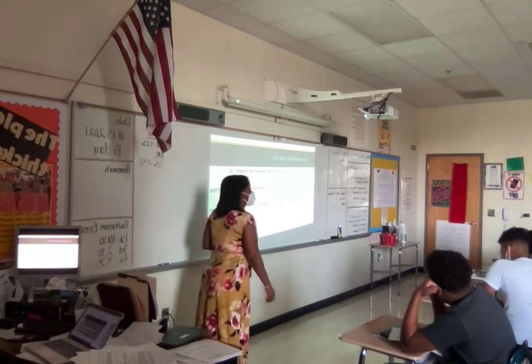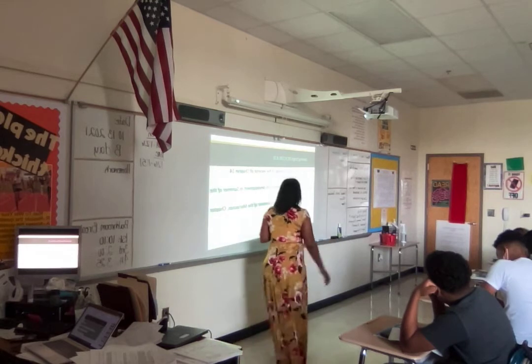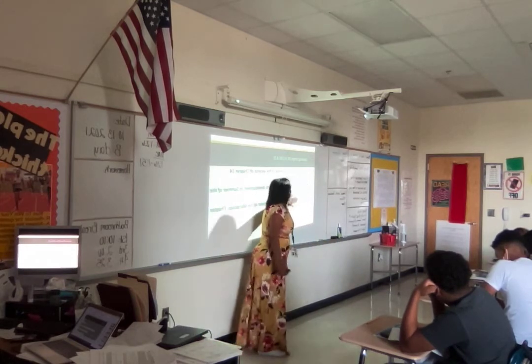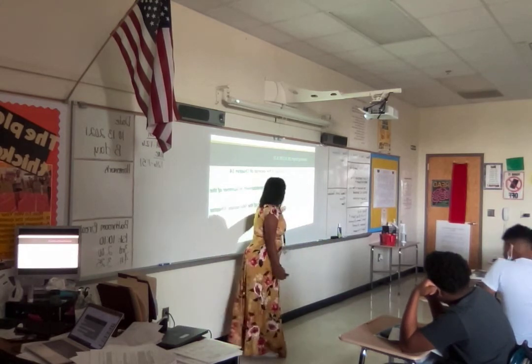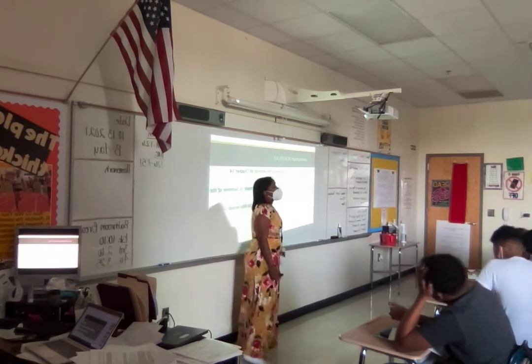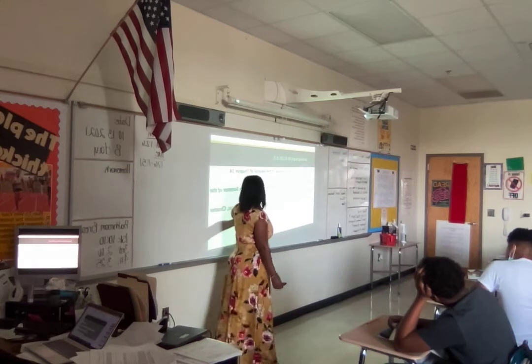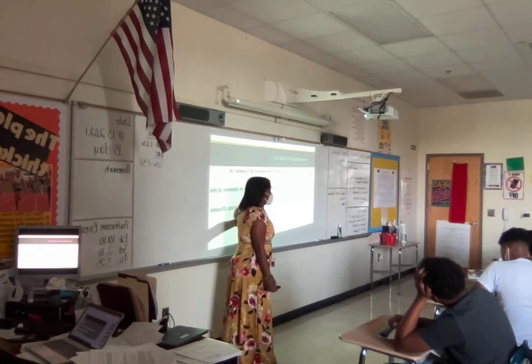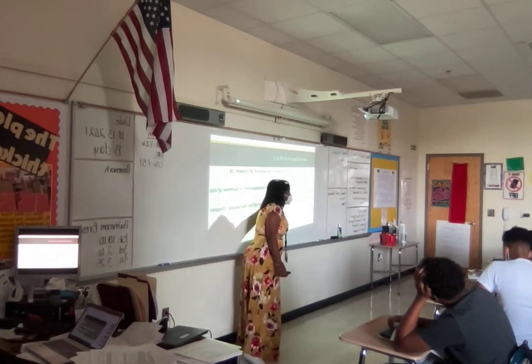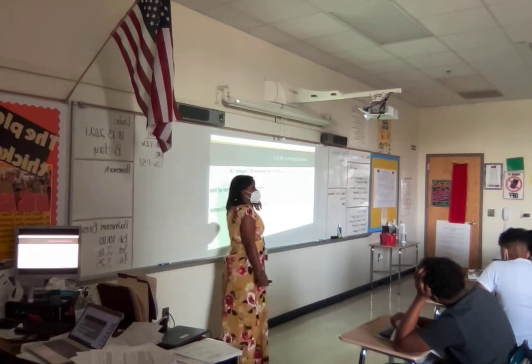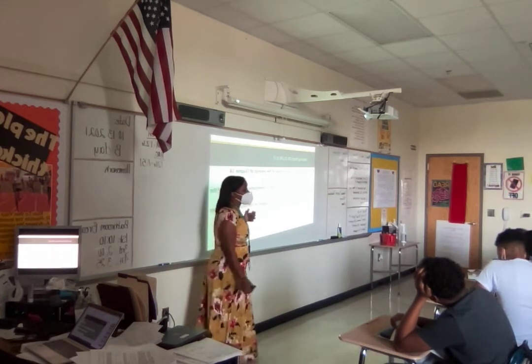You guys are going to need to understand how to do a theme and how to do an objective summary. The goal is to write an objective summary for the Summer of Mariposa chapter 14. The goal is to determine the theme for chapter 14. That is the ultimate goal.